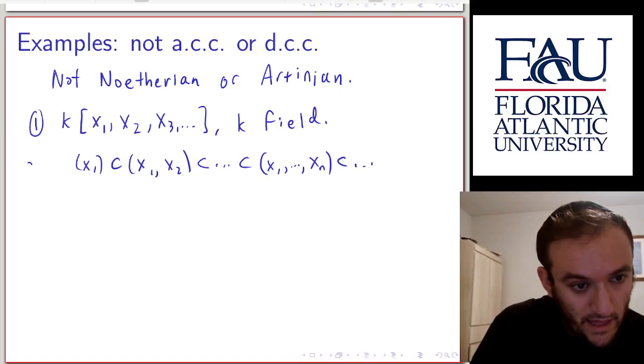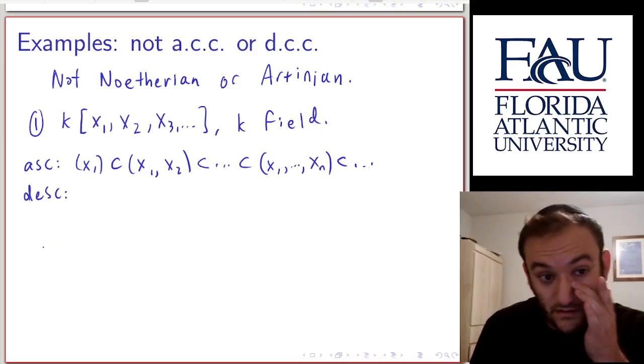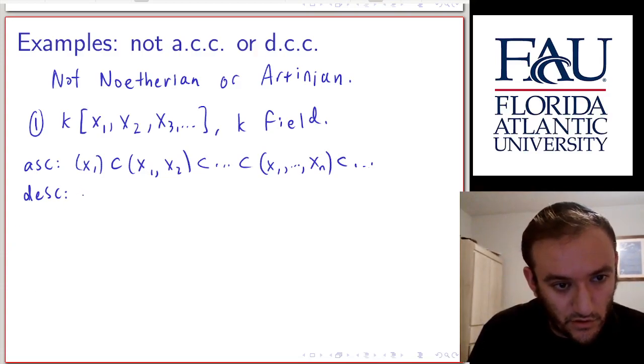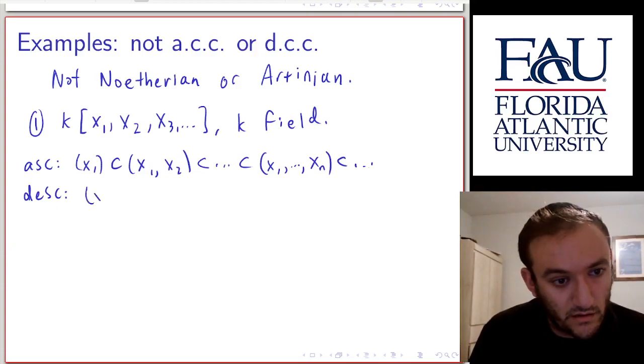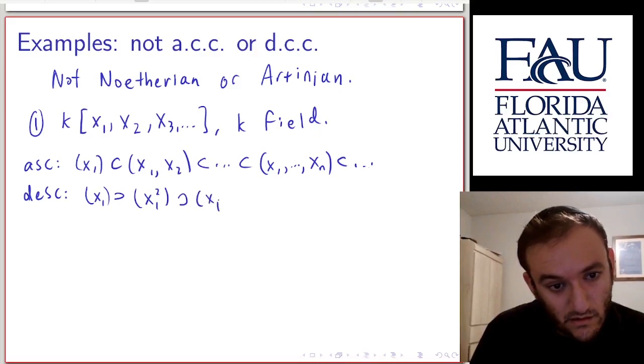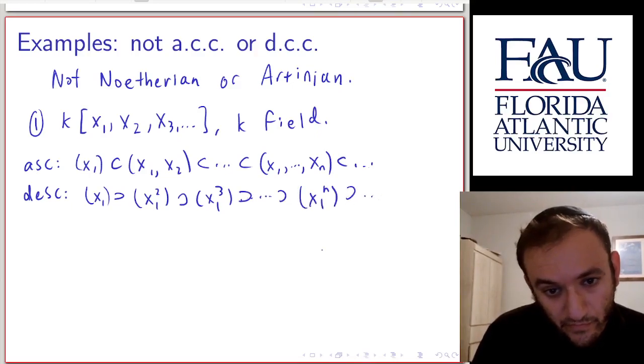So this is the ascending version. As for the descending, you can just use the same idea as for a normal polynomial ring: (x1) contains (x1 squared) contains (x1 cubed). That one's not hard.